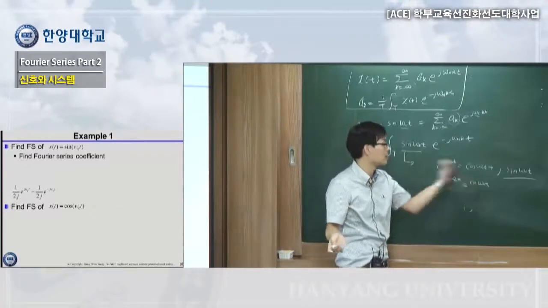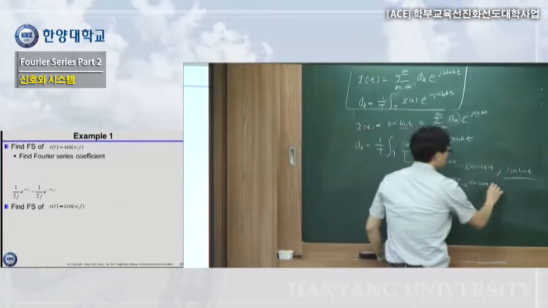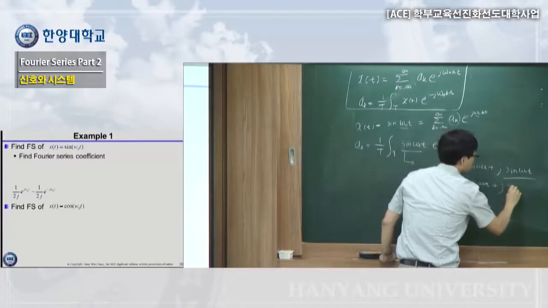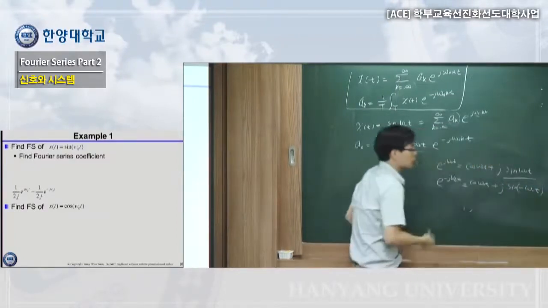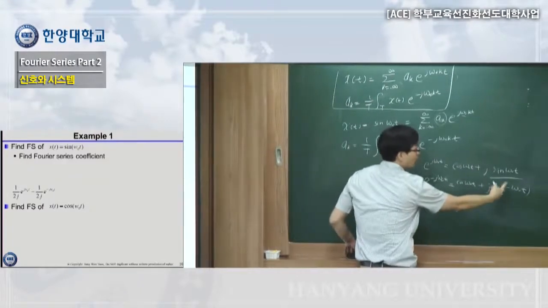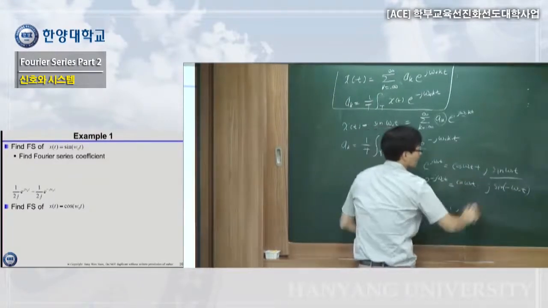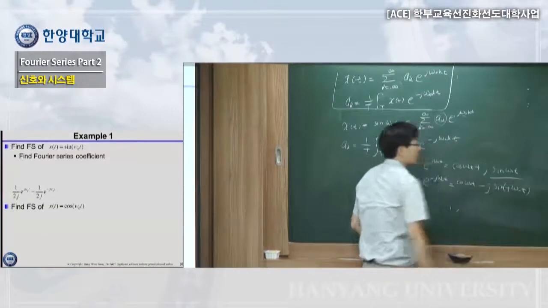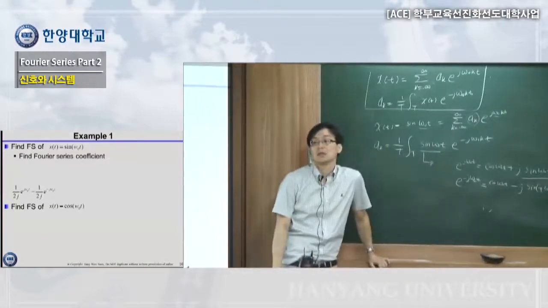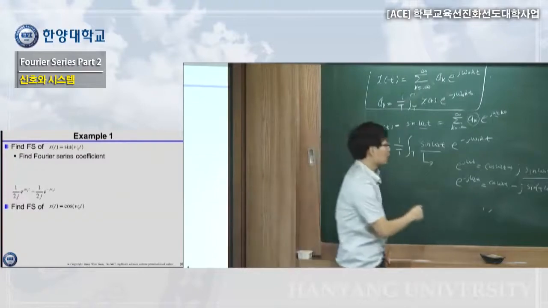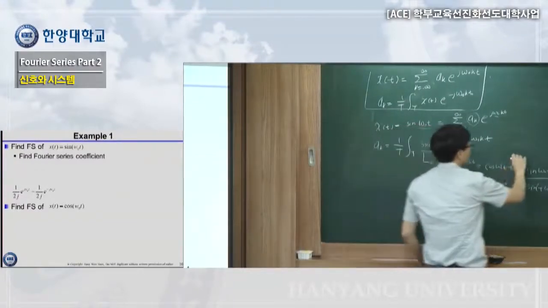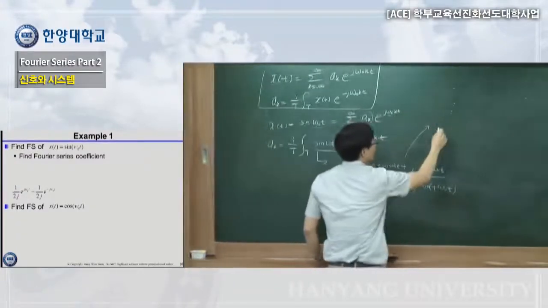So we can neglect that minus, and this one becomes j sine of minus omega 0 t. To simplify, the minus comes out of the sine, so we can take out this minus. Is it fair?